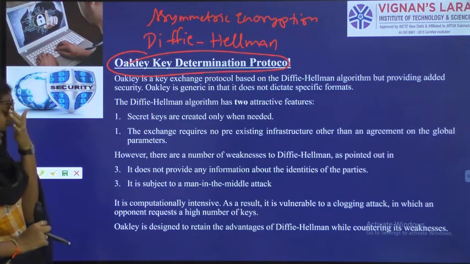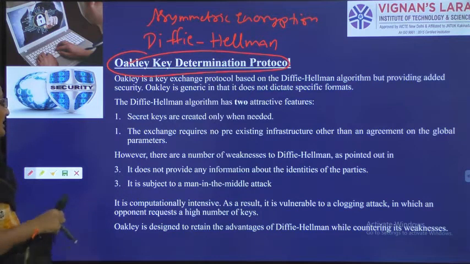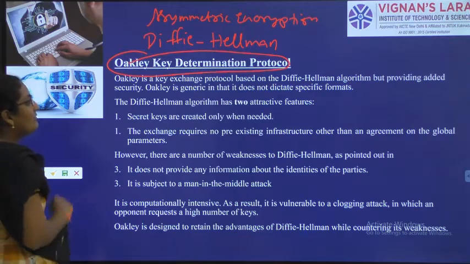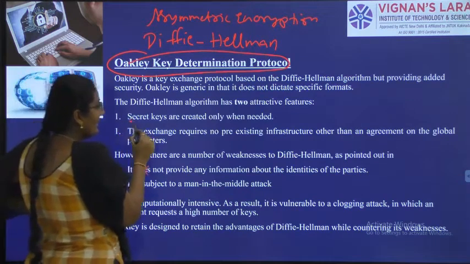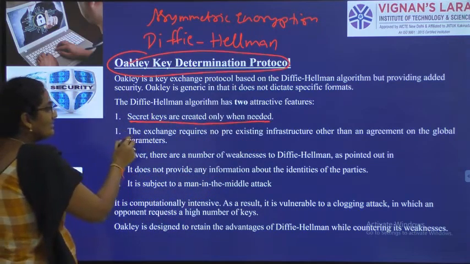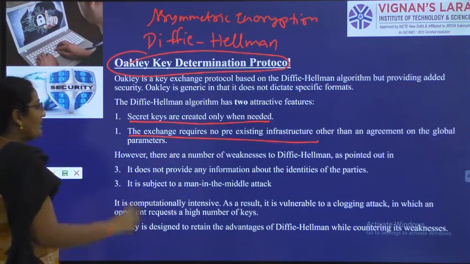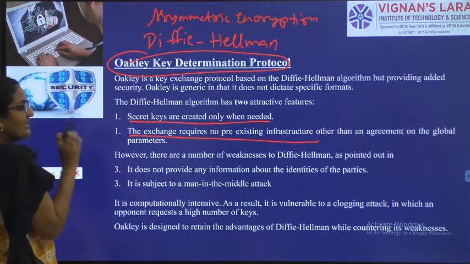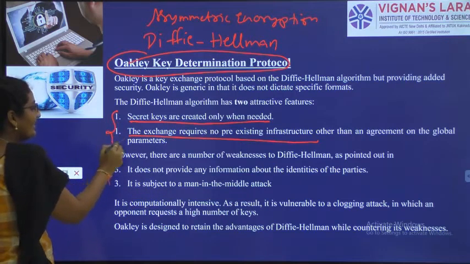The drawbacks we have in the Diffie-Hellman algorithm are overcome by the Oakley key determination protocol. What are the advantages of this Oakley? In the third unit, while talking about asymmetric encryption, we have Diffie-Hellman key exchange. The drawbacks of Diffie-Hellman key exchange are sorted out in the Oakley key determination protocol.